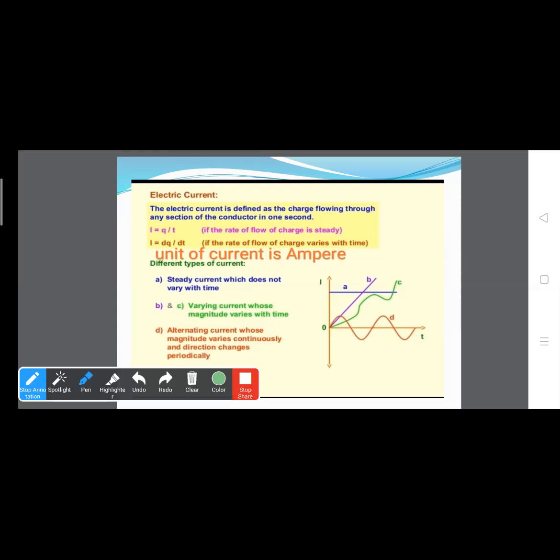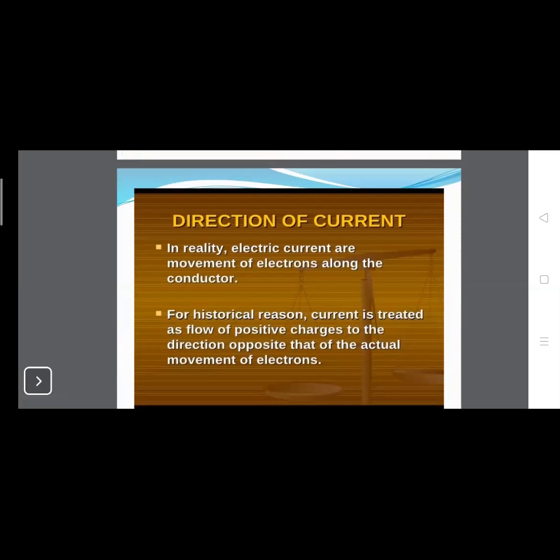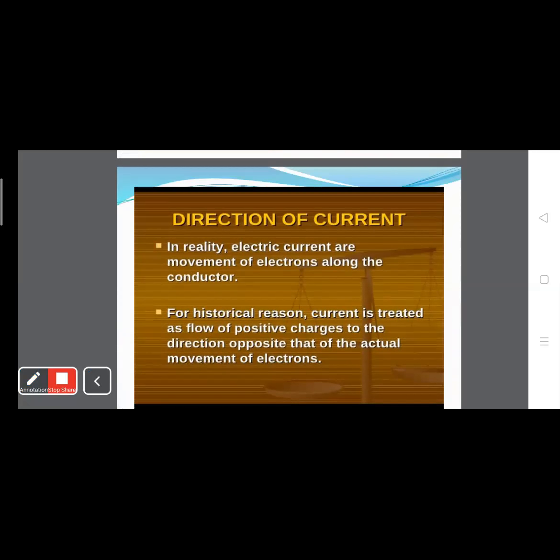Now what is the direction of current? In reality, electric currents are the movement of electrons along the conductor. But historically, current is treated as the flow of positive charge, in the direction opposite to the actual movement of electrons.